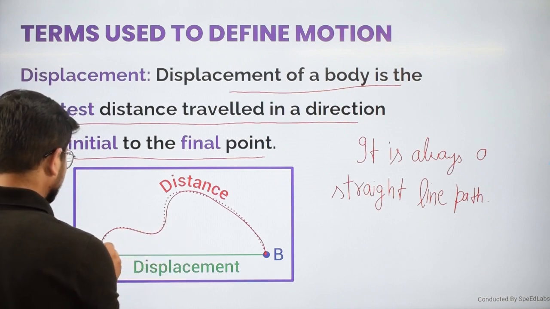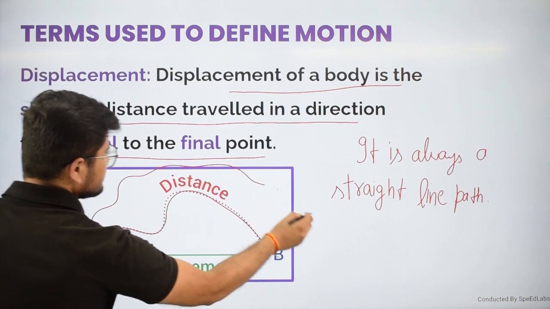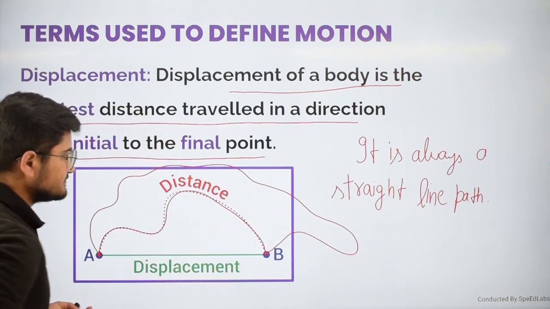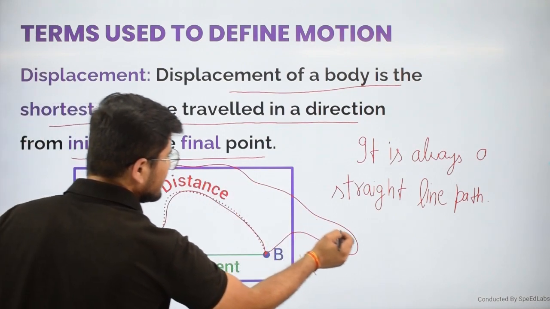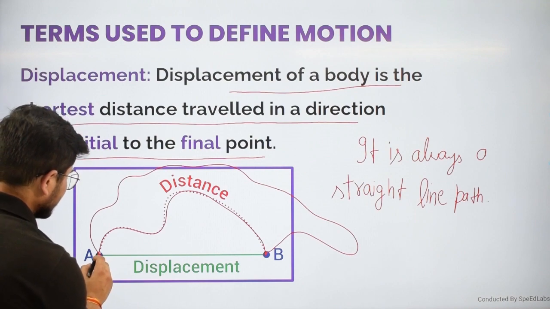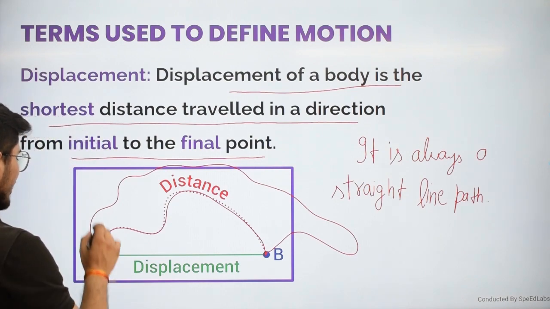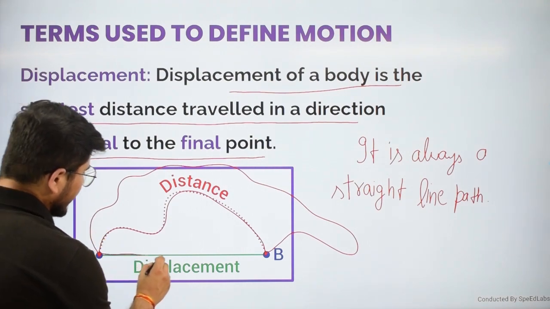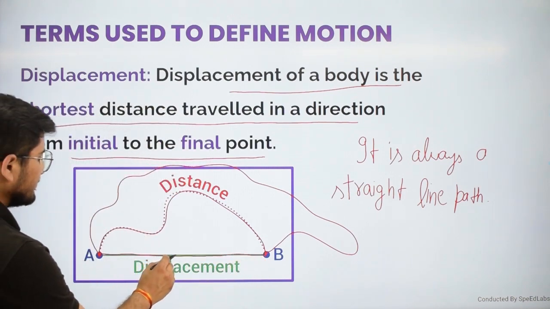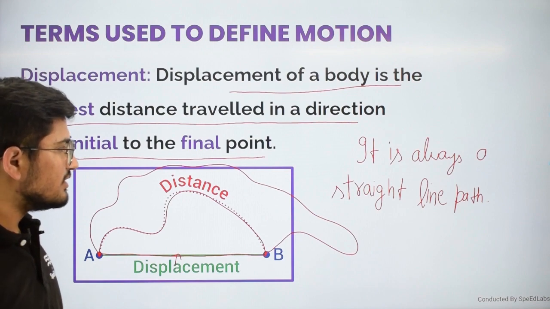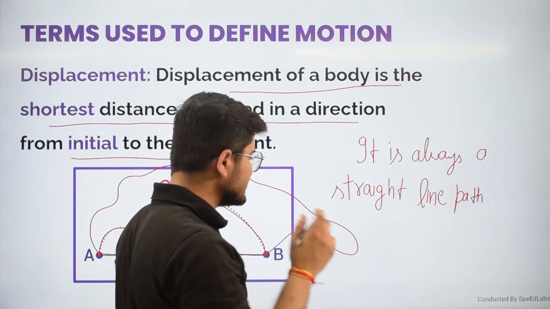This person can also go like this. So that is the actual path length, the distance covered by your body. But the displacement is the shortcut from this point A to B, the straight line path. That is displacement.